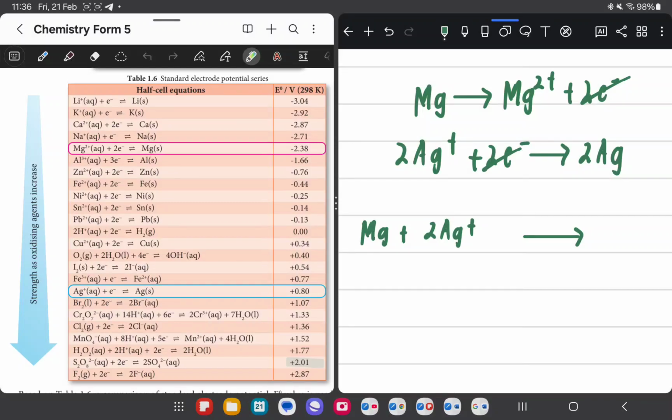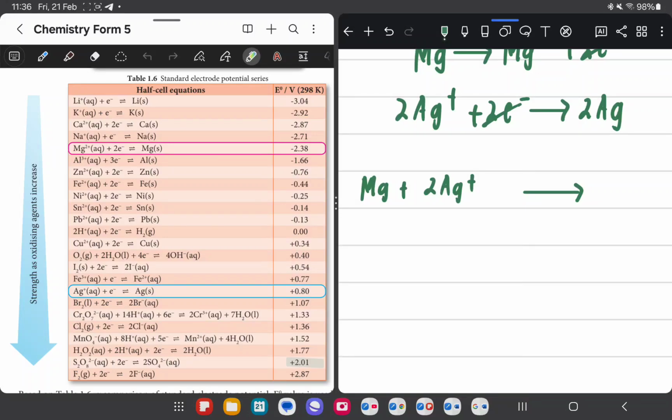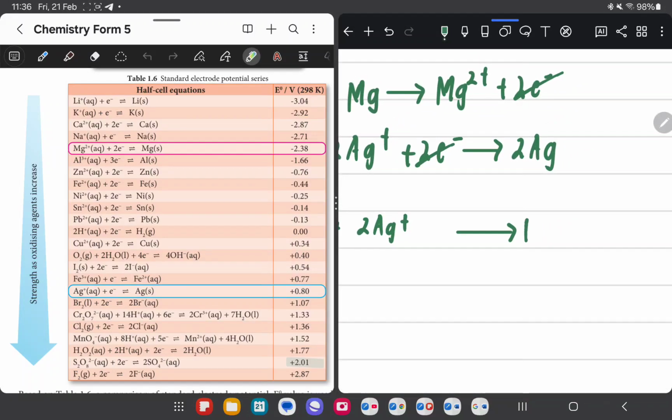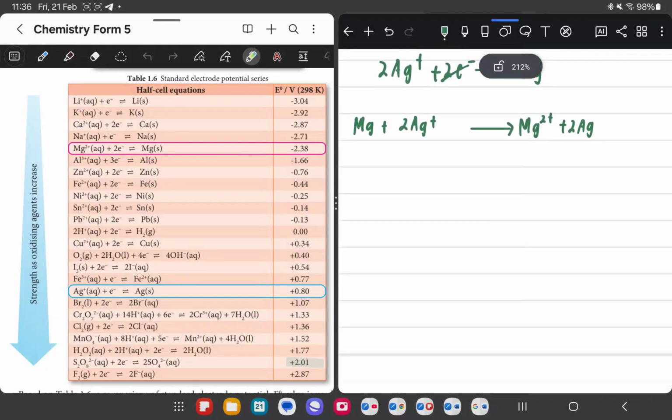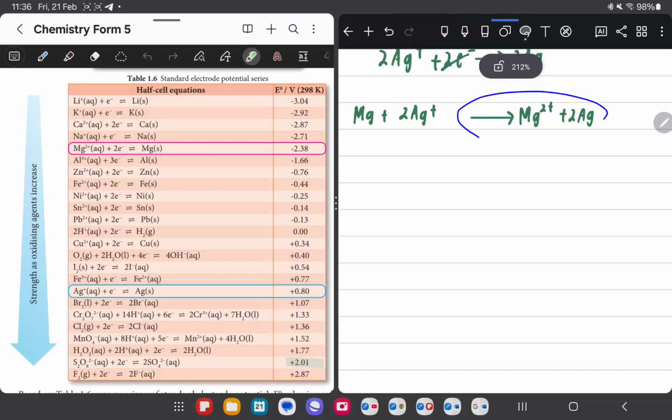And then after your arrow you have Mg2 plus and also 2Ag. Sorry, there was a technical error. So this one is your overall ionic equation.